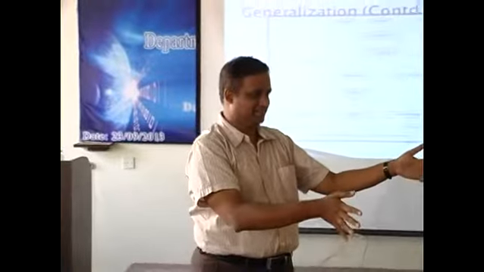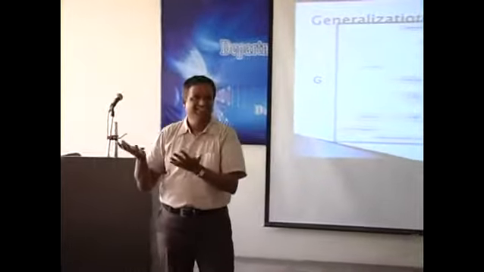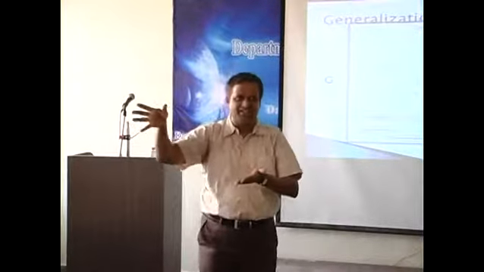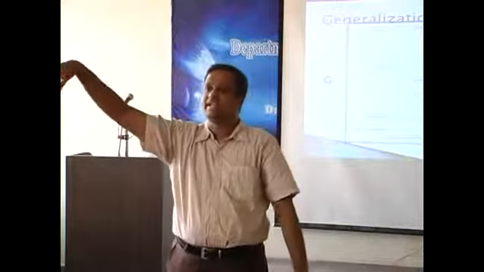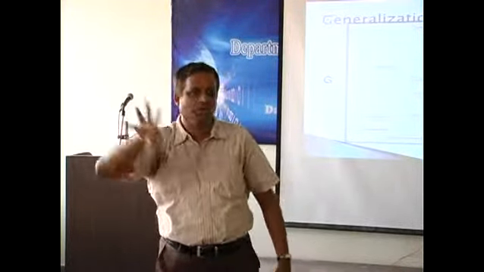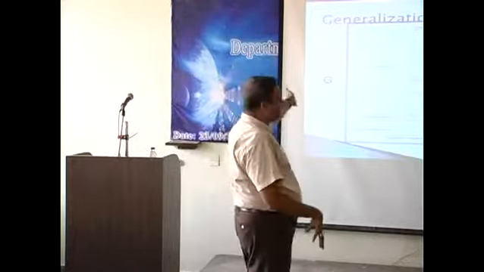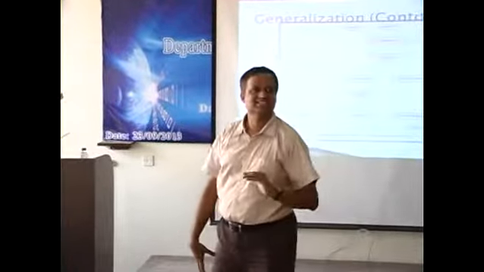In object-oriented programming you call it a friend: you have a friend function using which you can share only with a limited set of people. So this generalization should help you in understanding inheritance.